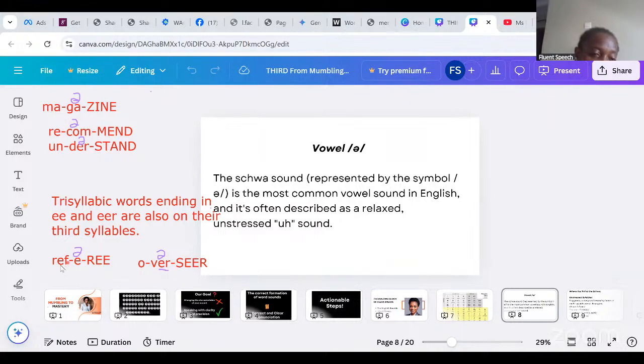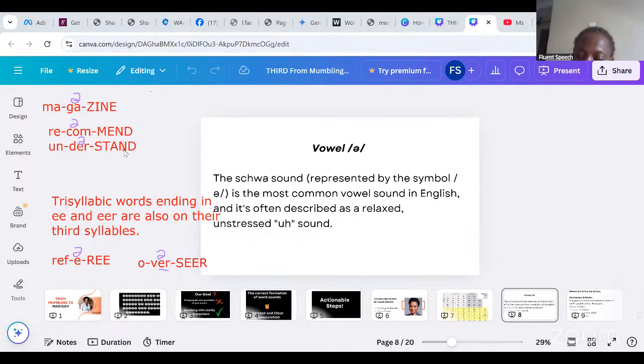Means that we can reduce one of the vowels, or it could be more than one, into a schwa, like we had in referee. Instead of over, we say overseer. Then we have magazine, recommend, understand.